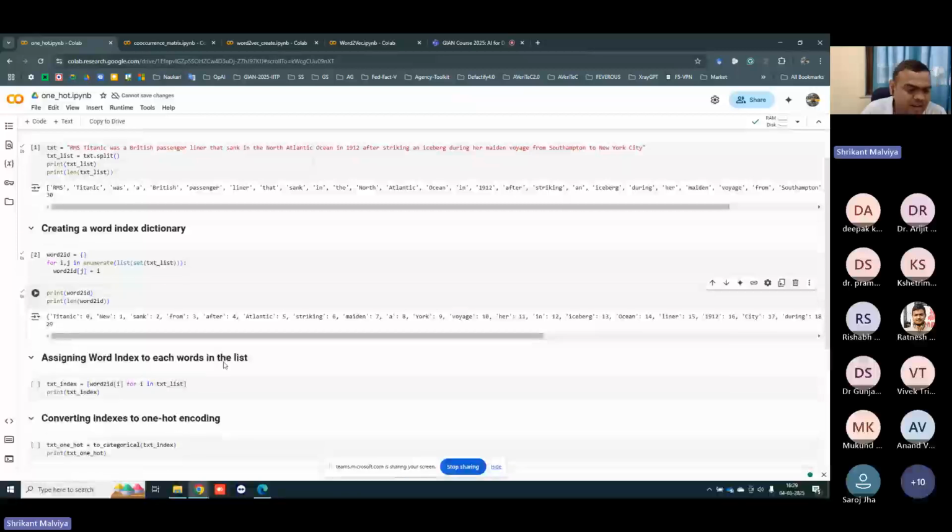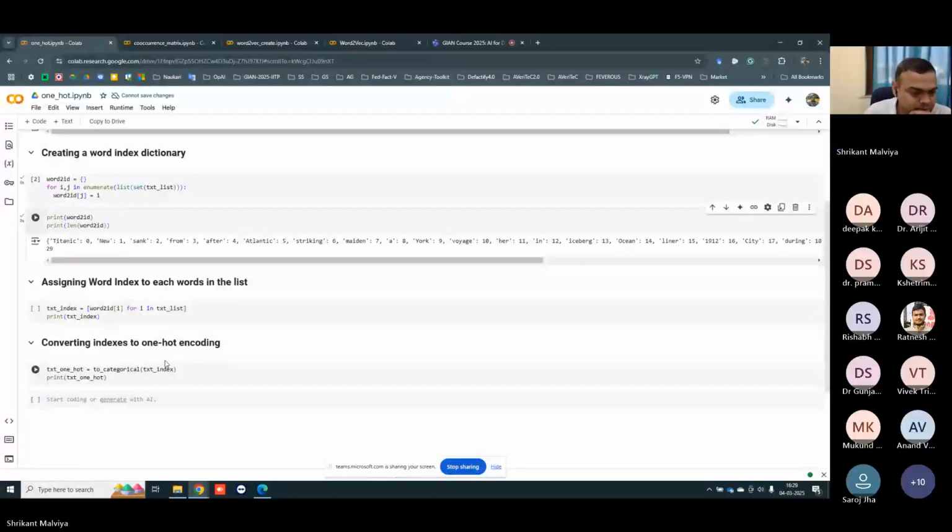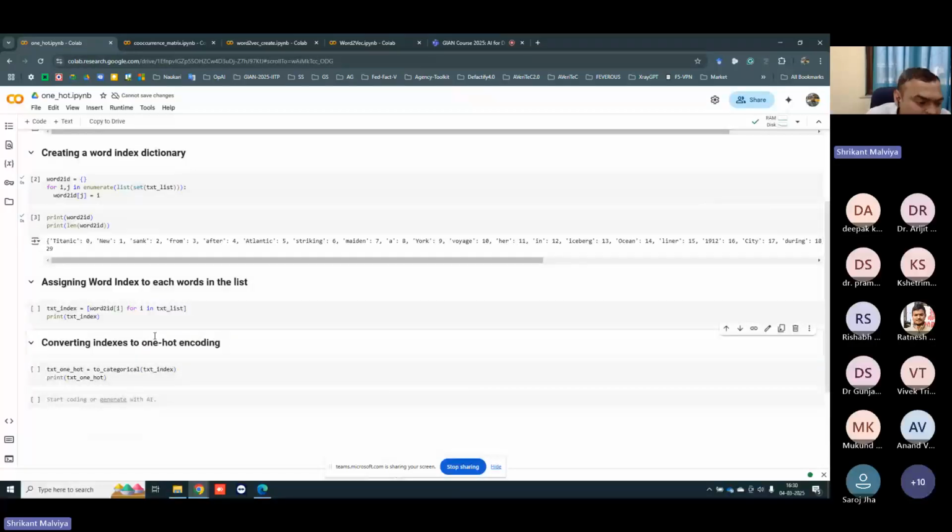And now after getting the index, the next thing is generating the one hot vector. It is also called one hot encoding. Sometimes both are the same thing.